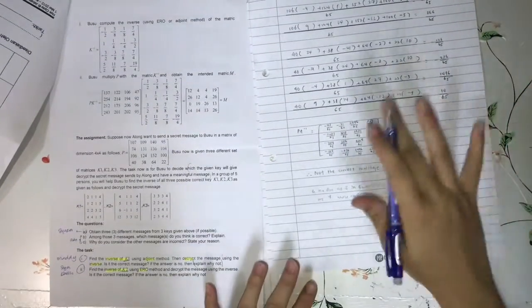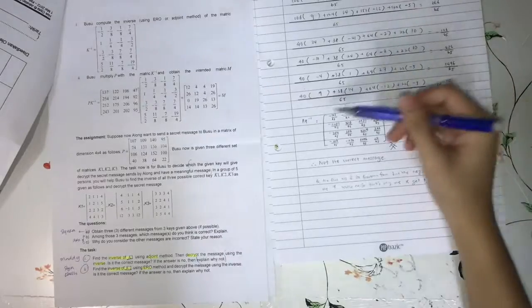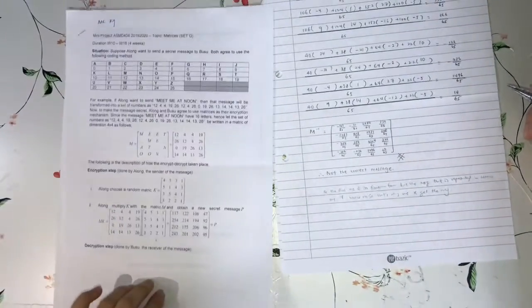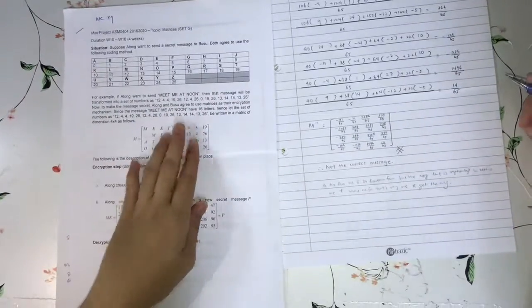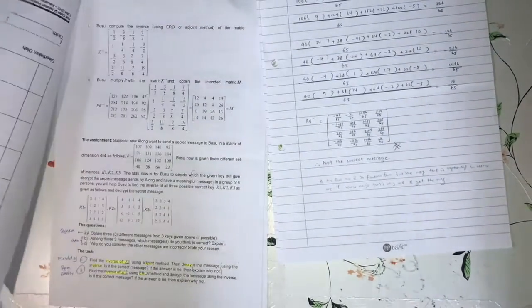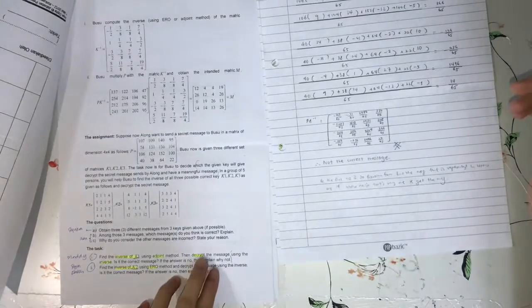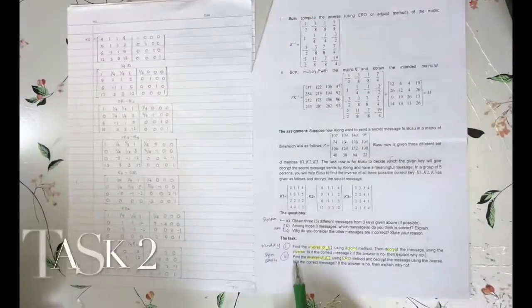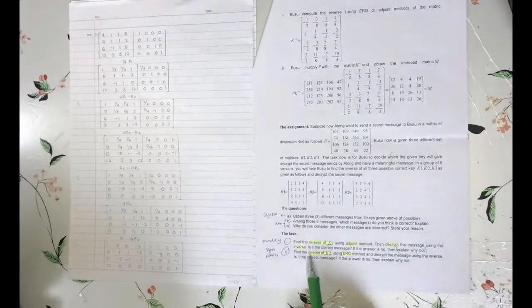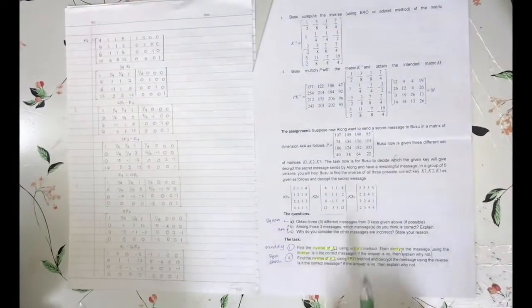And this is not the correct message, because this final answer is in fraction form, but the message, the alphabets, are all represented by whole numbers, so it's not possible for us to find the answer, and we can't decrypt the message.